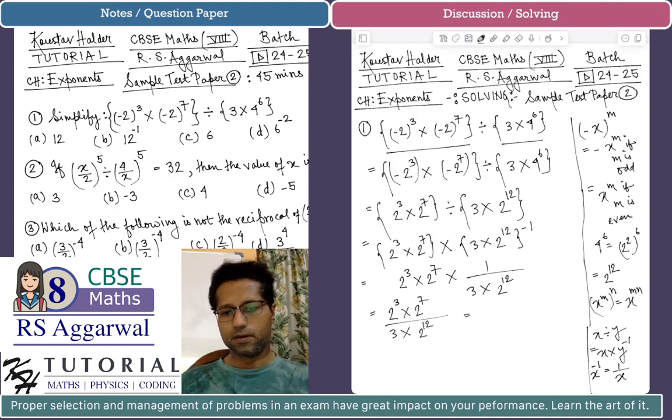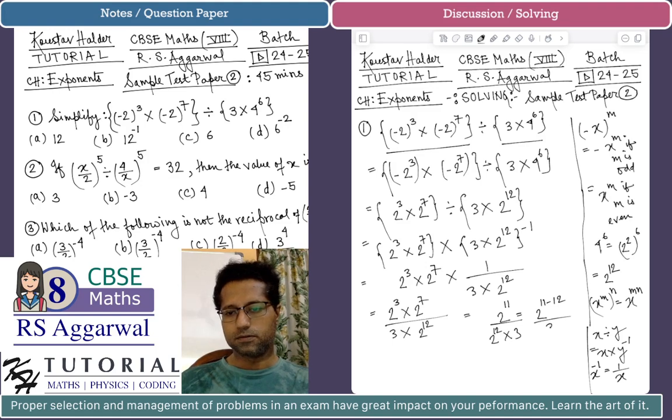Now in the numerator I will simplify by adding up the powers. Since the base is 2, and it's a product of two exponents with the same base, we'll add up the powers. So 2 to the power 11 divided by 2 to the power 12 multiplied by 3. Now this is equal to 2 to the power 11 minus 12 divided by 3.